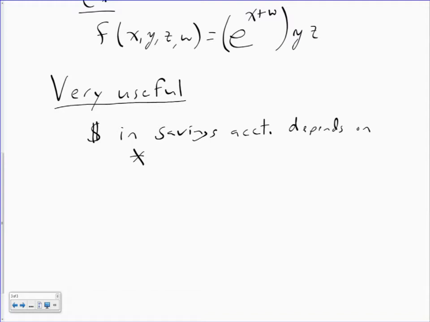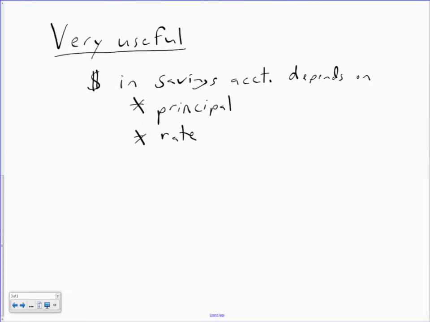So it's going to depend on that principal. How much did you initially deposit into that account? It's going to depend on what the interest rate is on your account. It's going to depend on how long you leave that money in your account.